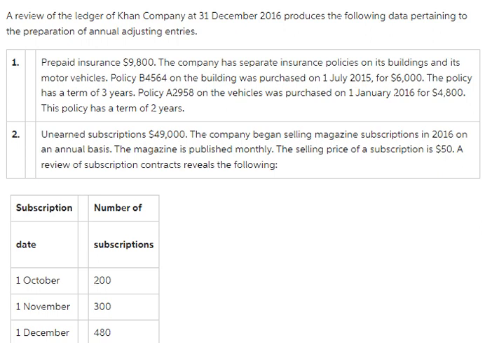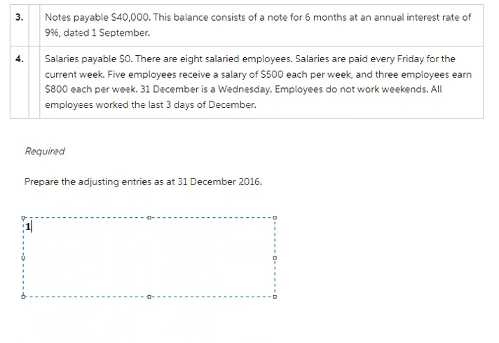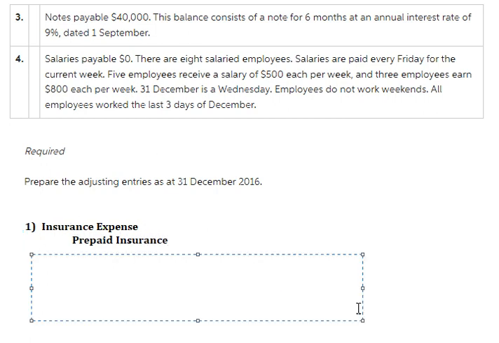So in this case we need to use insurance expense and prepaid insurance. And this one we need to recall the insurance expense.